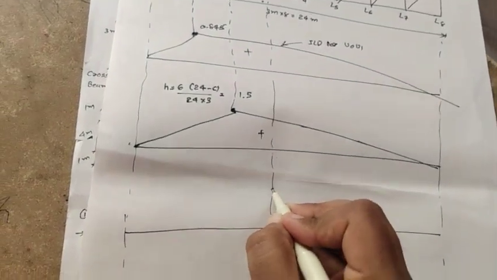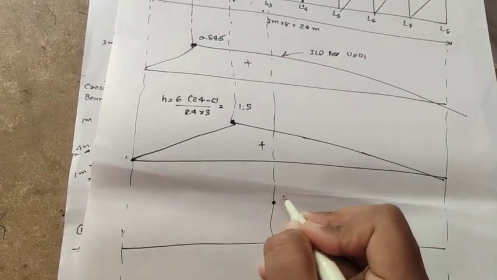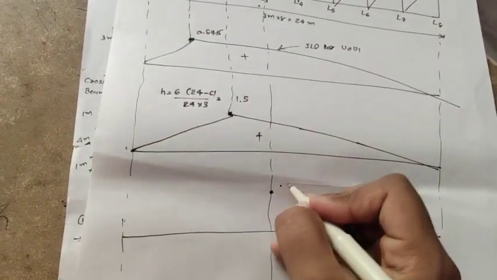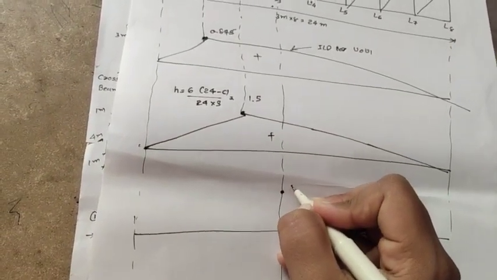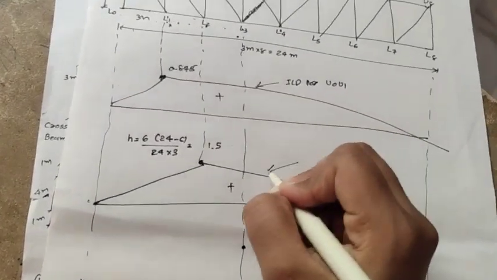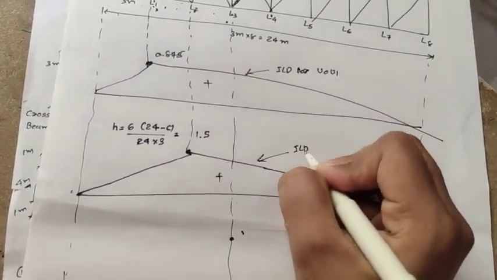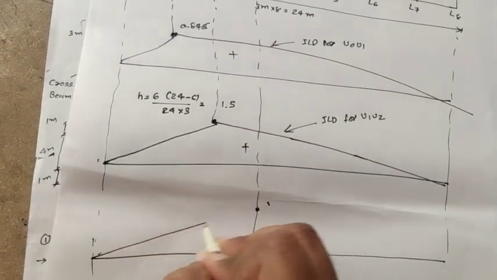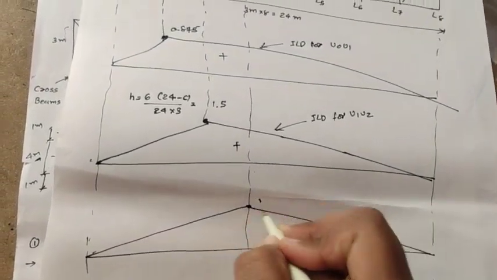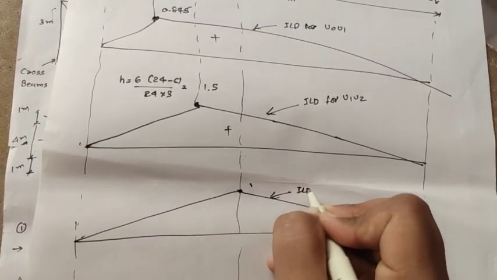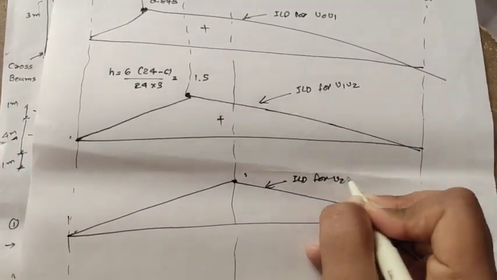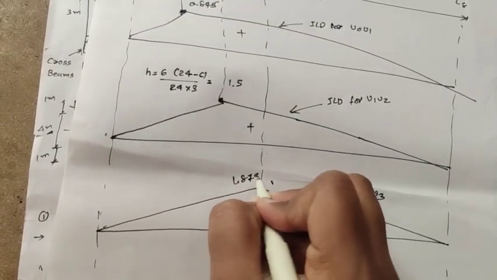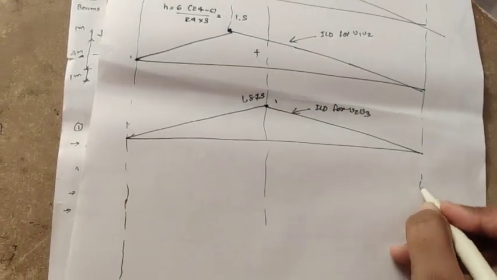Okay, so here we put the values in this equation, and this is the ILD for member U2 U3, after the one for U1 U2, right? The value from this equation is 1.875, right?